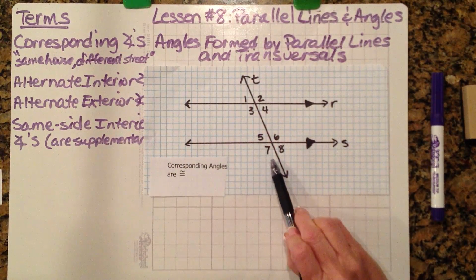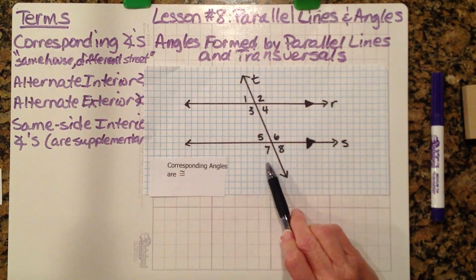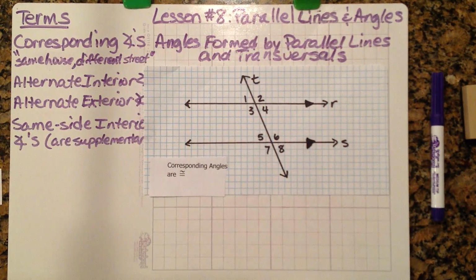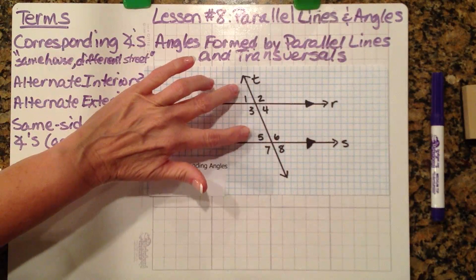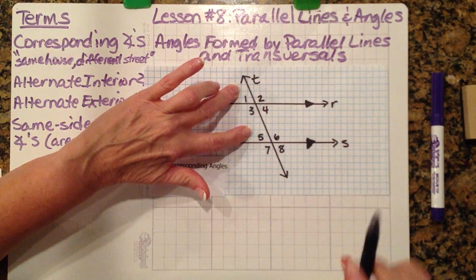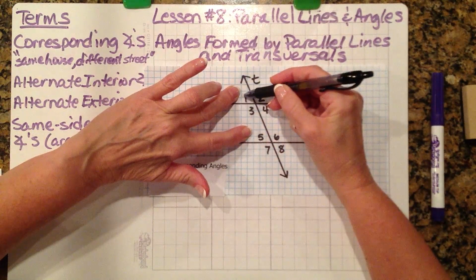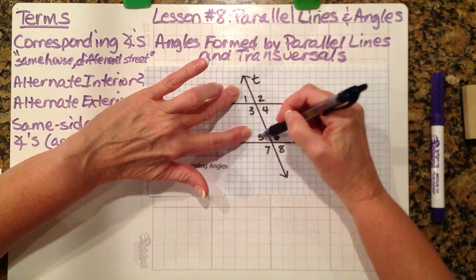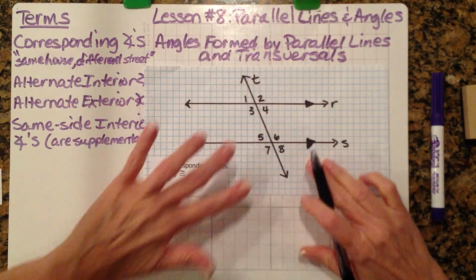Okay, where is it down here? Which house is in the upper left-hand corner of this intersection? It's number 5. So if you notice, 1 and 5 are generally in the same location. They're the same house, but in a different street. So 1 and 5 are corresponding angles.